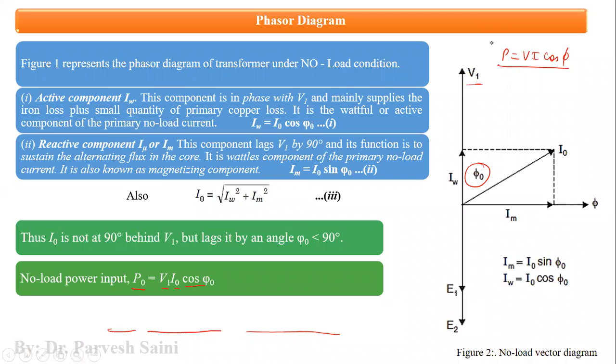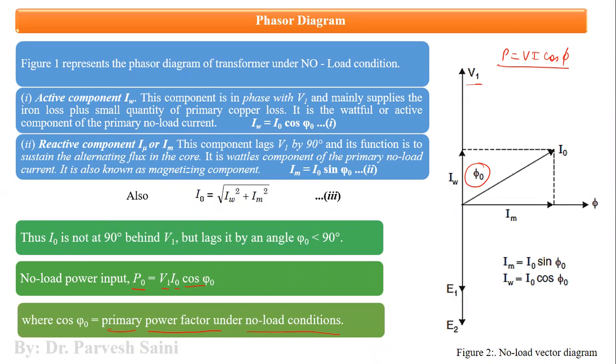So this was the theory about the transformer under no load condition, and we need to remember a few things about it. Under no load condition, the current that flows in the primary winding is very small compared to the rated primary current, and as already mentioned, it is near about 2 to 5% of the rated primary current. Since the secondary is open, there is no current flowing in the secondary winding, and hence there are no losses in the secondary winding.